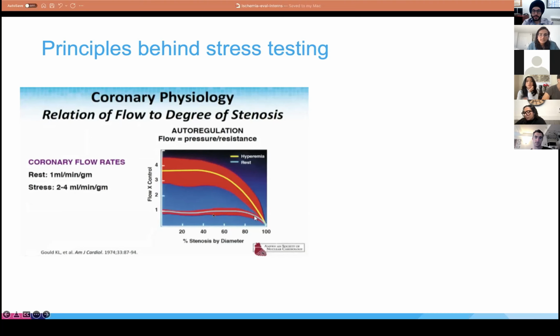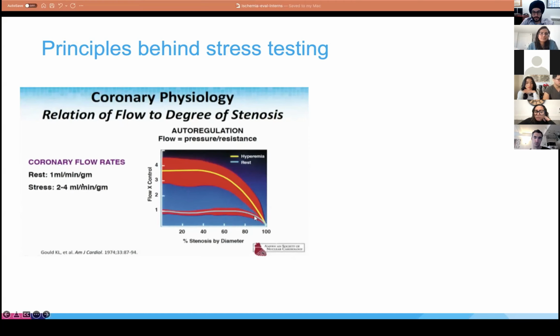Unless the stenosis is very severe, like more than 80-90%, you can have normal blood flow to the myocardium at rest because the demand is not high. So the vessel dilates and autoregulates its flow. However, it cannot do that when the patient exercises because the demand of the myocardium increases on stress.